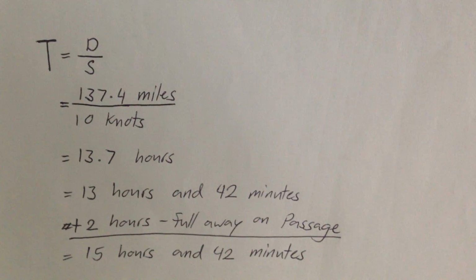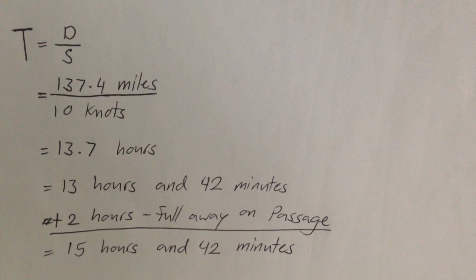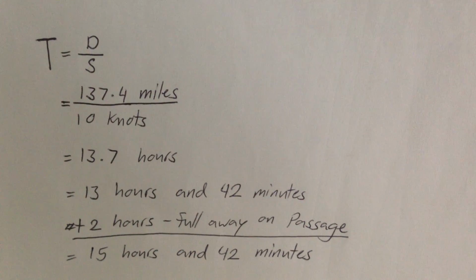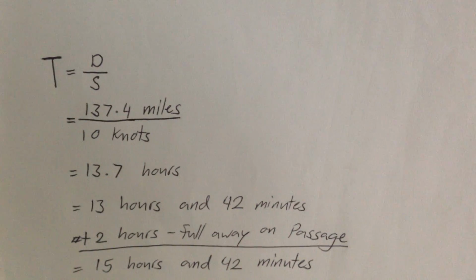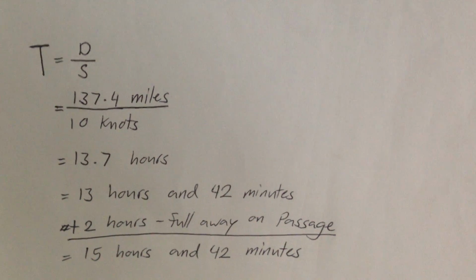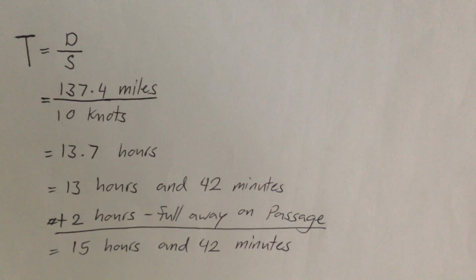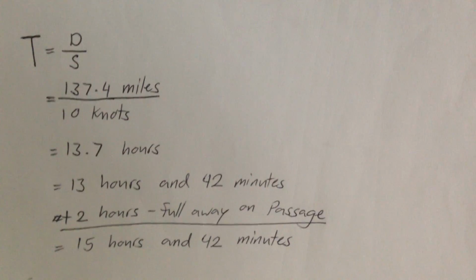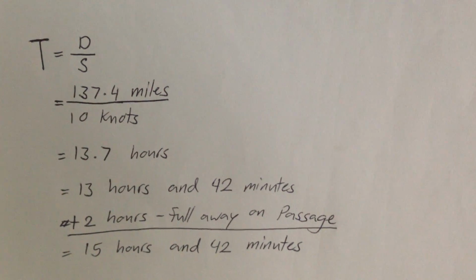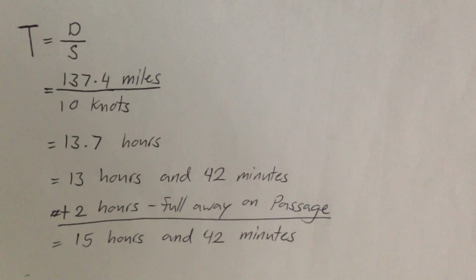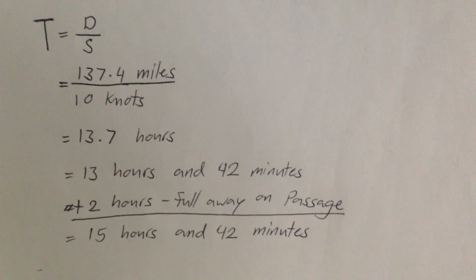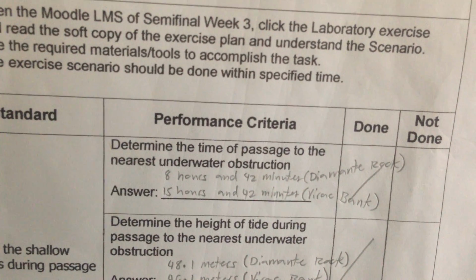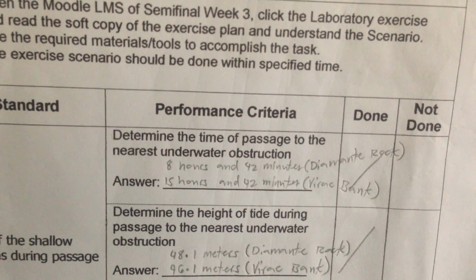I will just make it 13.7 hours. Again, we convert the 0.7 to minutes: 0.7 times 60 is equal to 42 minutes. So it is 13 hours and 42 minutes. Again, we add the 2 hours for the full away on the passage, so it is equal to 15 hours and 42 minutes. So we have determined the time of passage to the nearest underwater obstruction.